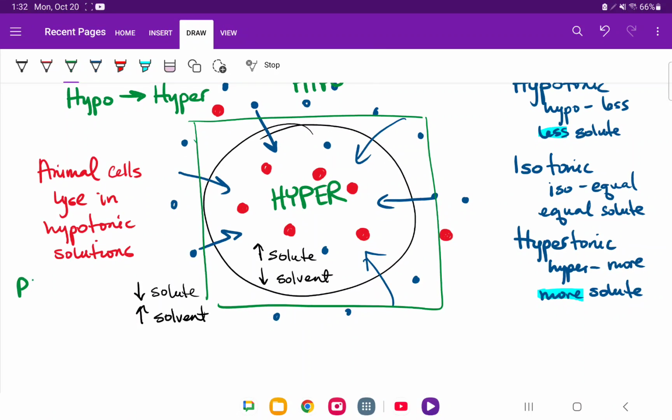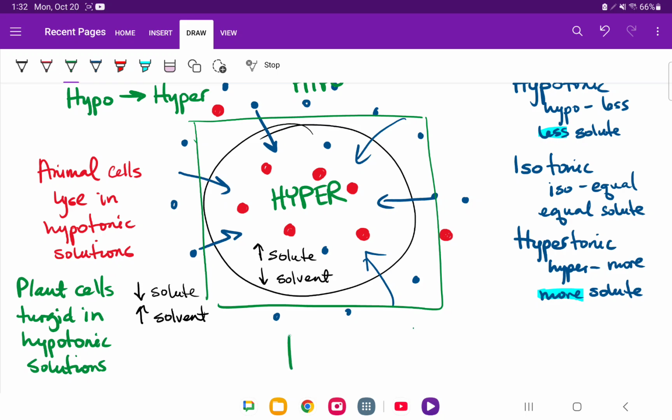Instead, plant cells are turgid in hypotonic solutions. Turgid means they are completely stiff because they are completely full of water. More water can't enter once that cell wall has reached its limit for the amount of water it can hold. And so that cell is basically just kind of bursting at the seams, bulging with water.